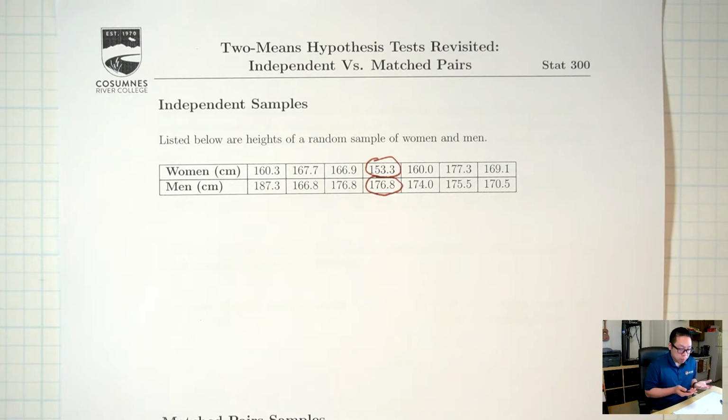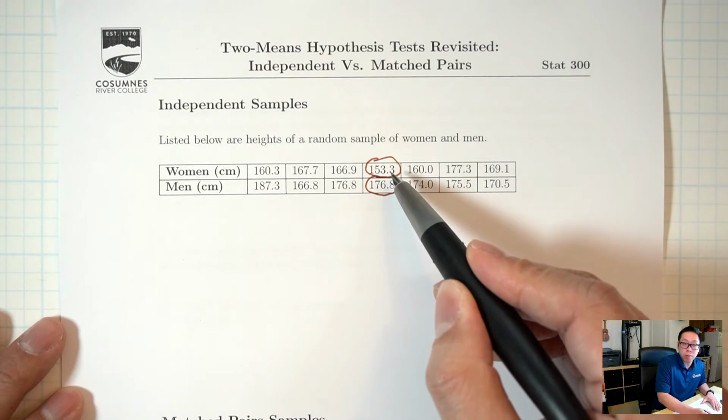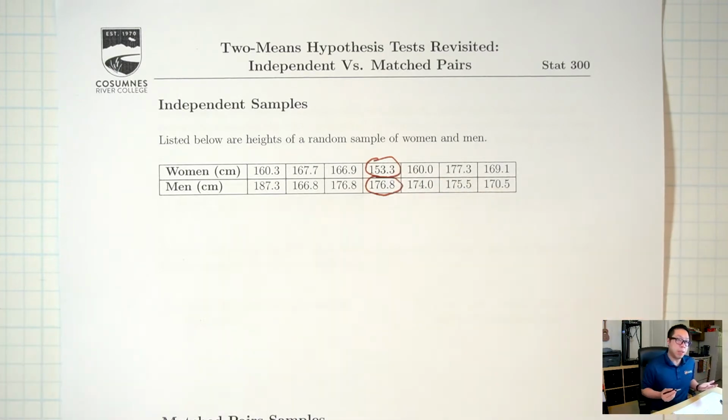And all we know based on the description here is that this is just a sample of women and a sample of men. Right? We're not told that they're related in any way. So there's no reason why this 176.8 needs to go with this 153.3. That's an independent situation.